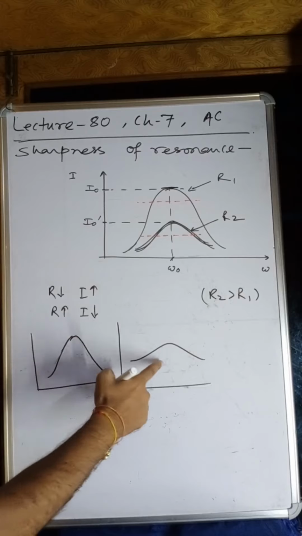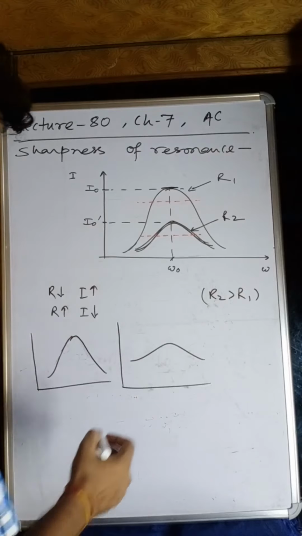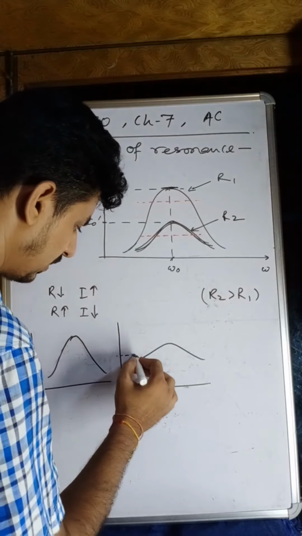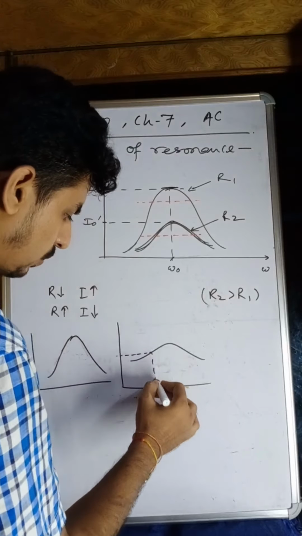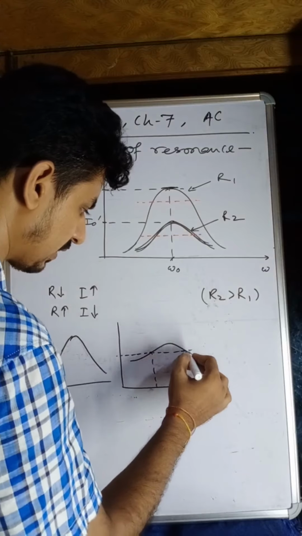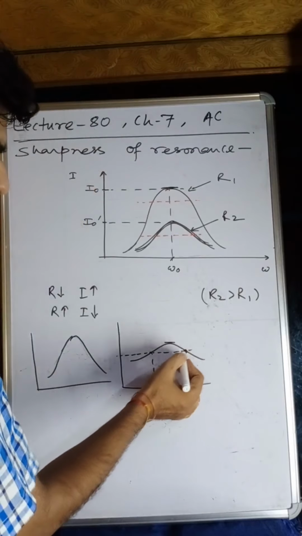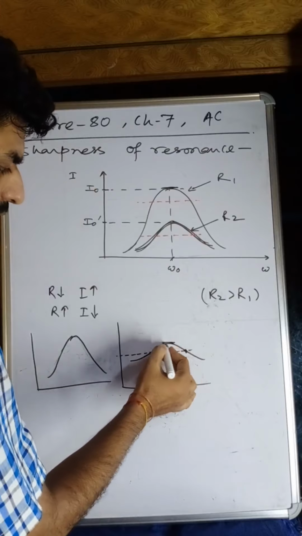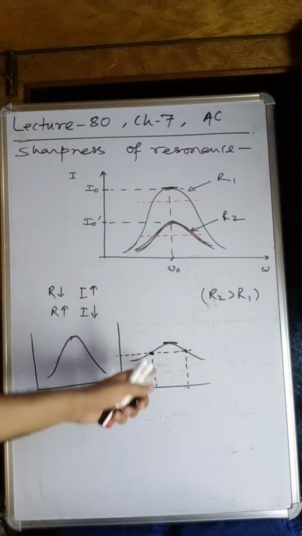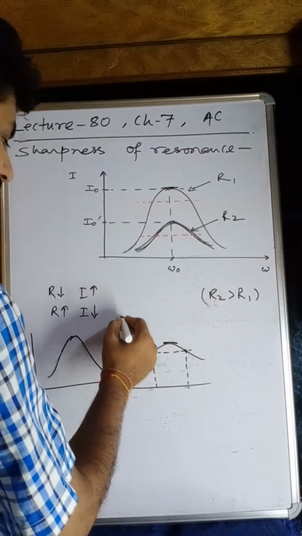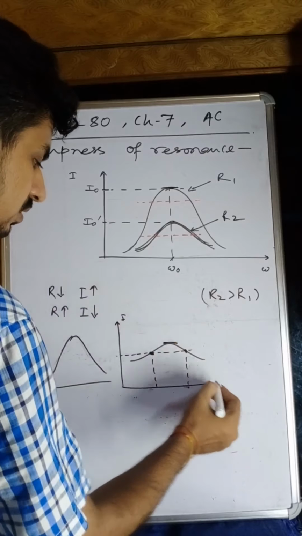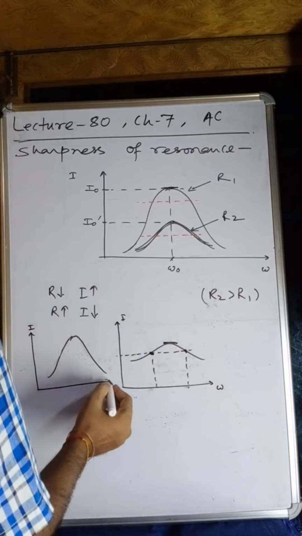This one is sharper than this one. You can see, at two different frequencies, look carefully, this is the energy comparable to the peak energy. This peak energy, this is the current and omega.